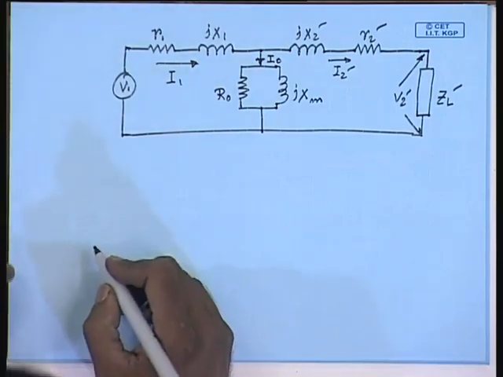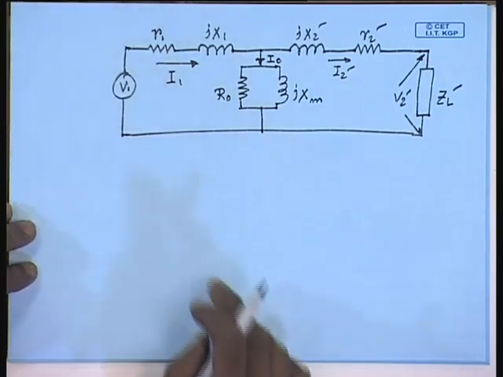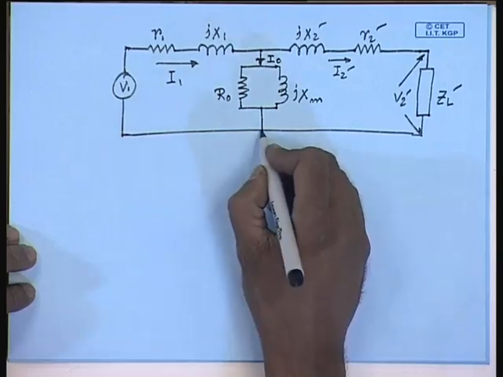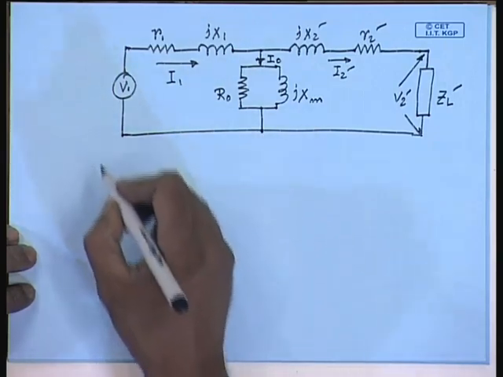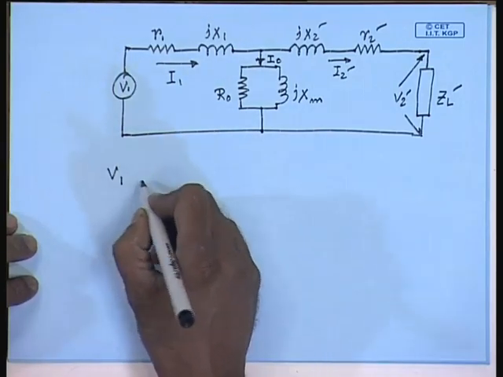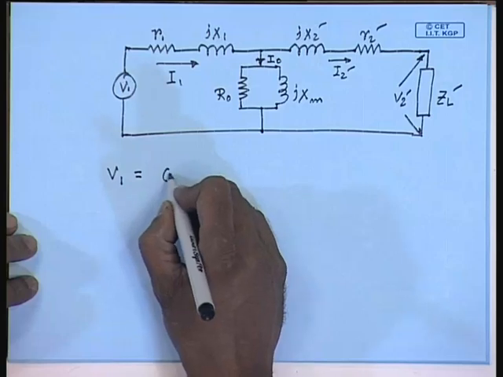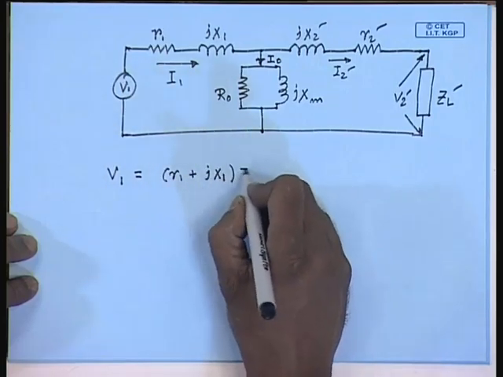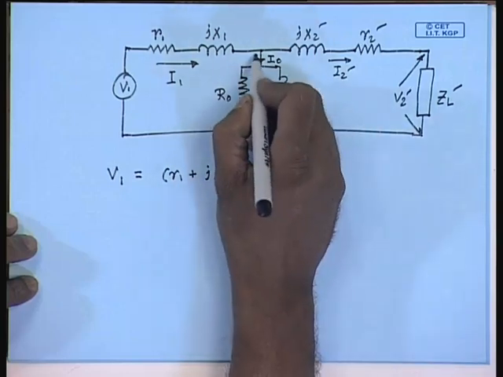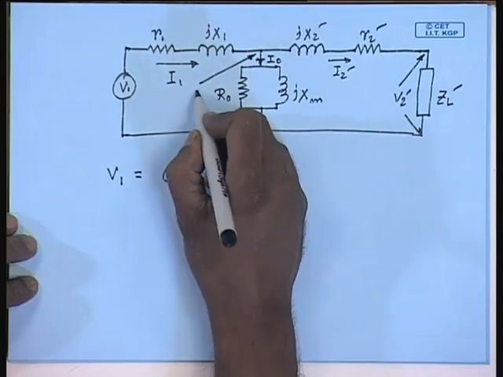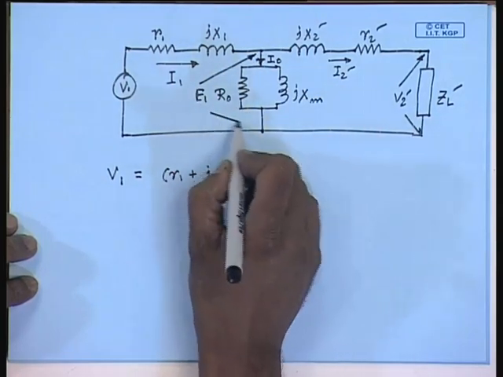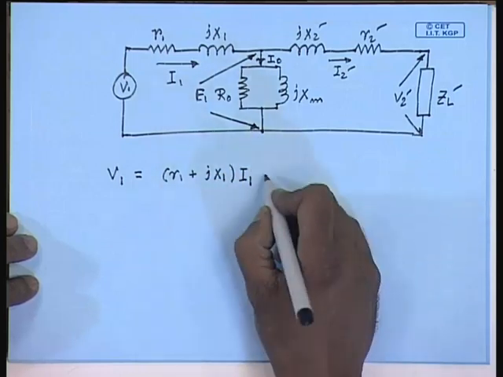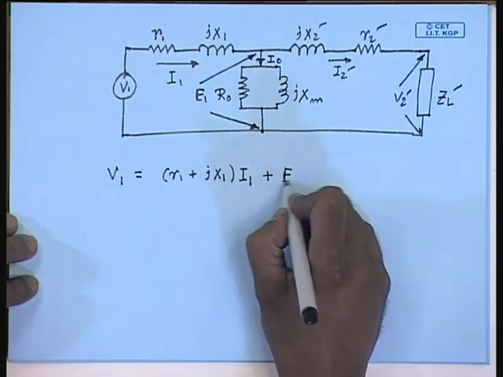The set of equations that describes this equivalent circuit are V1 equal to (R1 plus jX1) into I1 plus E1.